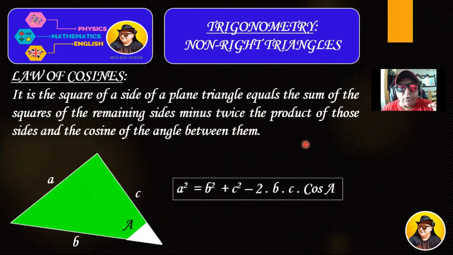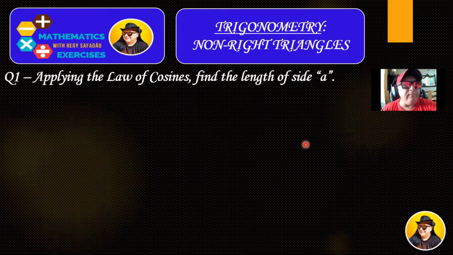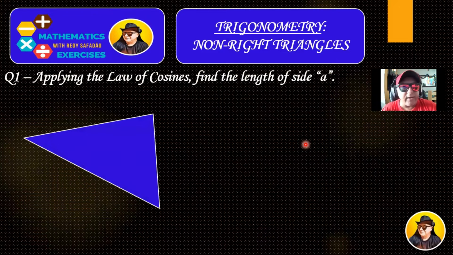Let's see how to solve problems applying this, okay? So now we have 4 questions to be solved. Let's see them. Question number 1. Applying the law of cosines, find the length of side A. So this is a triangle, a blue one.